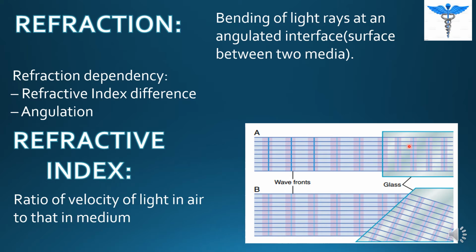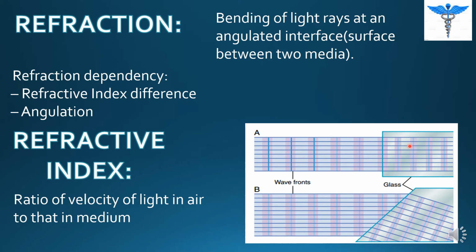The refractive index of air is 1. How can I say it? The light is coming from the sun, and on the way it passes through the vacuum. The speed of light in a vacuum is 300,000 km per second, and the same is that in air. So dividing 300,000 km by the same 300,000 km, we get the value 1. So air has a refractive index of 1, while glass is 1.5.